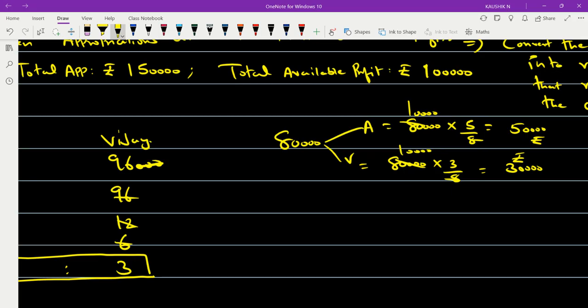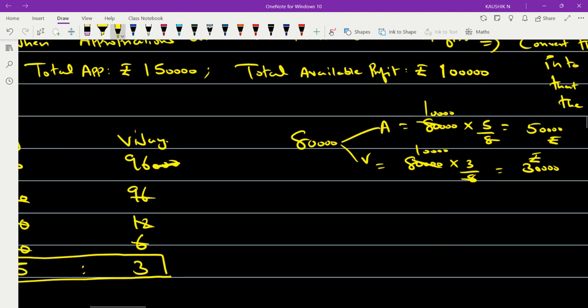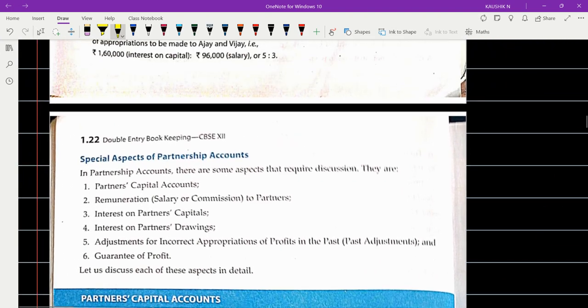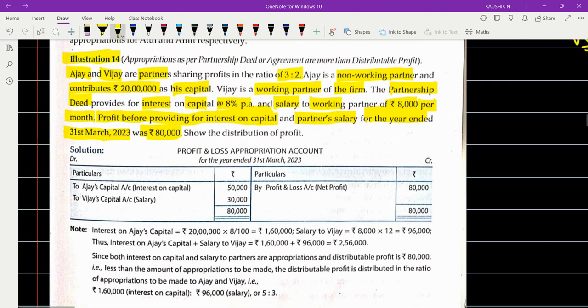Any doubt? Okay. Now we need to prepare the P&L appropriation account for this. So I'm just going to drop the value of the net profit. Profit and loss appropriation account for the year ended 31st March 23, debit side and credit side, particulars, rupees, particulars and rupees. And I'm going to bring the profit and loss account, that's the net profit, 80,000 that we earned.